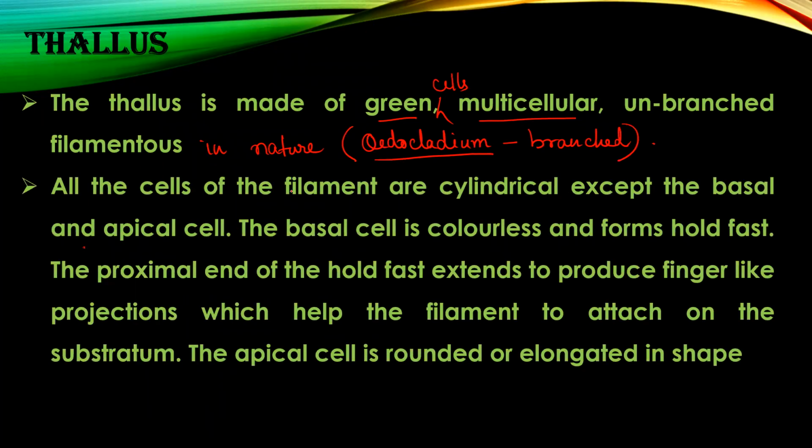Next, what do we have? All the cells of the filament are cylindrical except the basal cell and the apical cell. The basal cell is colorless, okay, and forms the holdfast. The proximal end of the holdfast extends to produce finger-like projections which help the filament to attach to the substratum.